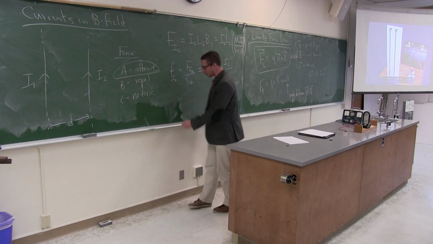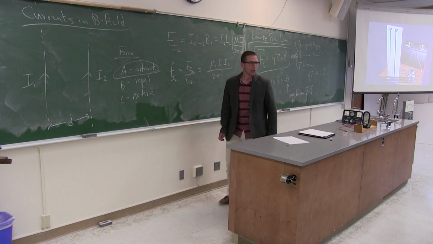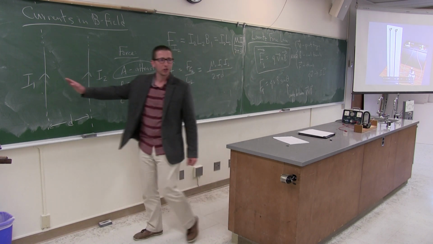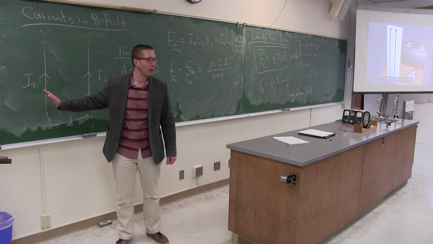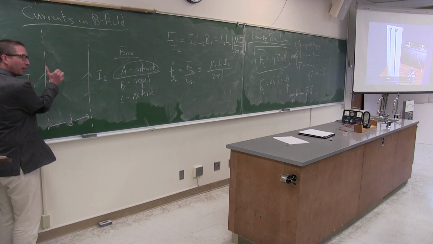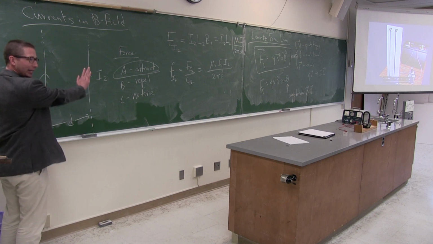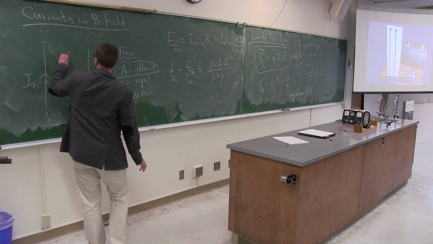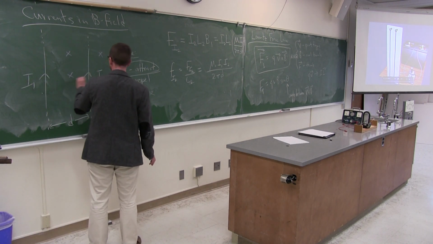Now how do we know it's an attractive force? Because on wire number 1, if we look at the magnetic field due to wire number 1, the current points upwards, so the field circulates around it like this. So on the right-hand side of the wire, the field points into the board.